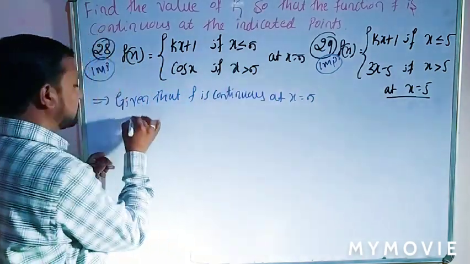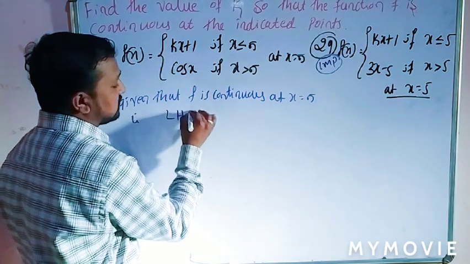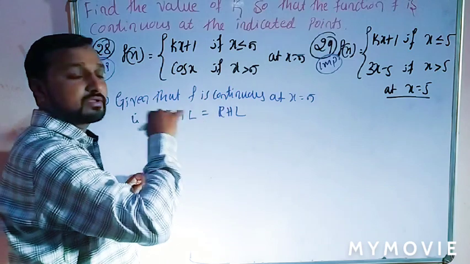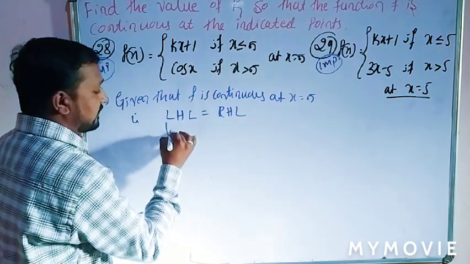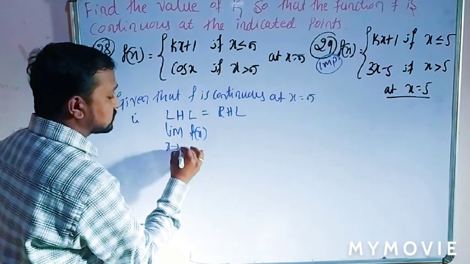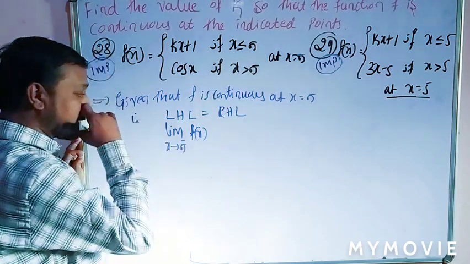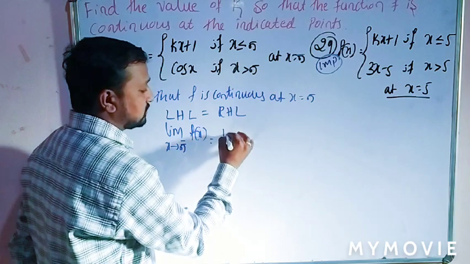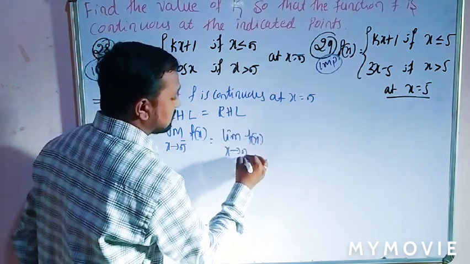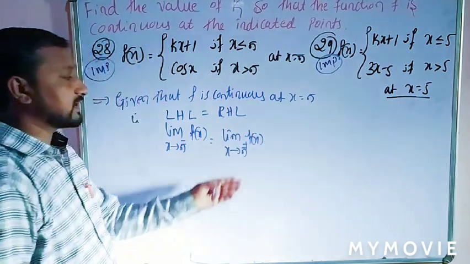That is nothing but, as we already know, LHL is equal to RHL. Left hand limit is equal to right hand limit. So what is your left hand limit? Limit of f of x as x tends to pi minus. This is the symbol of LHL. That is equal to limit of f of x as x tends to pi plus. Okay, this is your RHL.